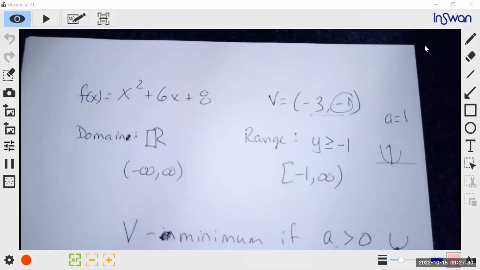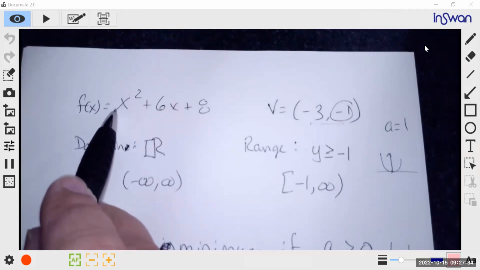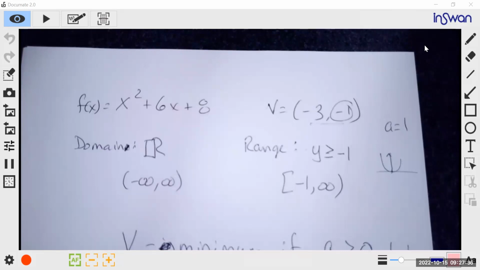So far, so good. So again, once you find the vertex, look at the leading term. If it's positive, we know we have a minimum. So the range is y is greater than or equal to the y value of the vertex.